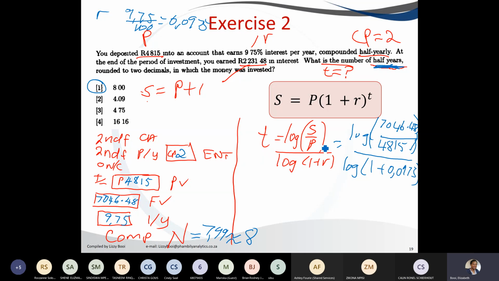And when you calculate all this, you should also get 7.99, which you can also estimate to 8.